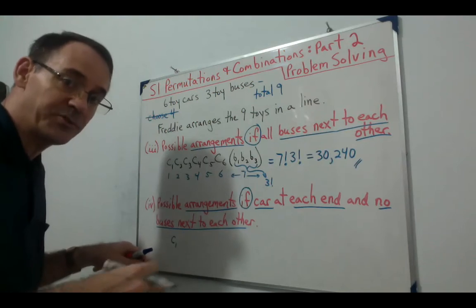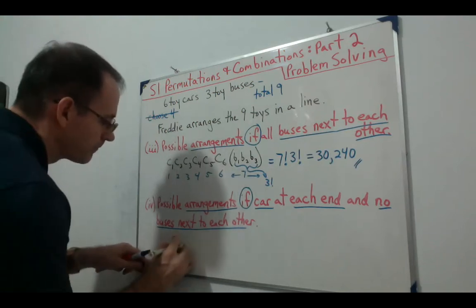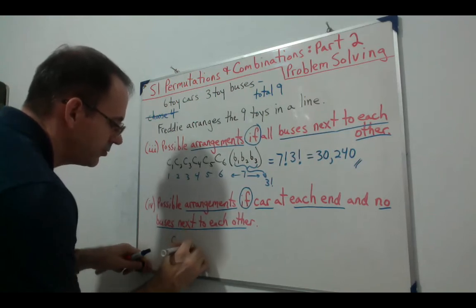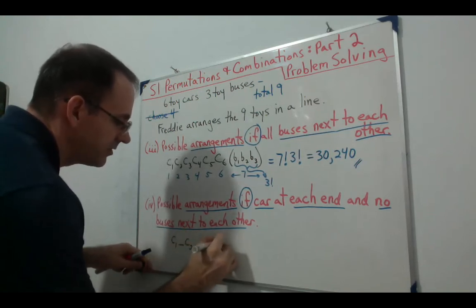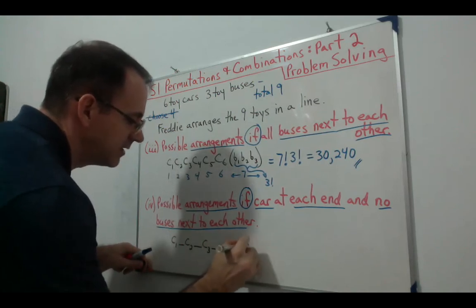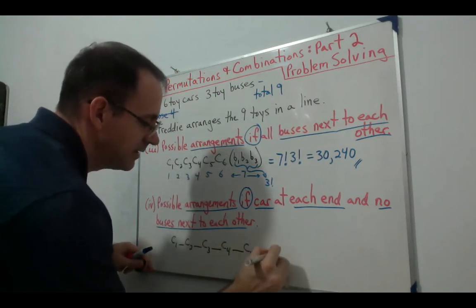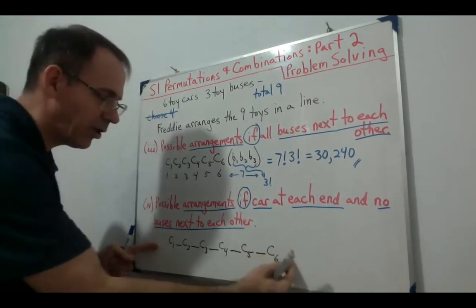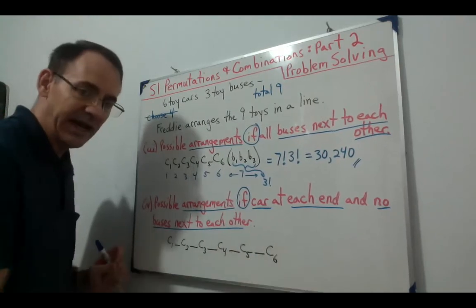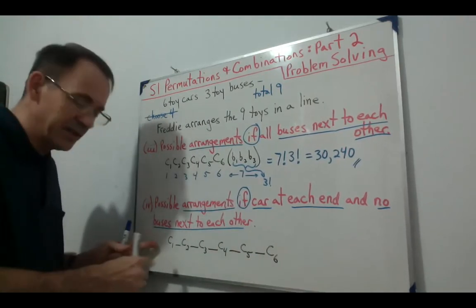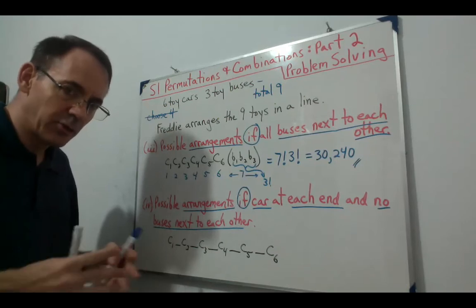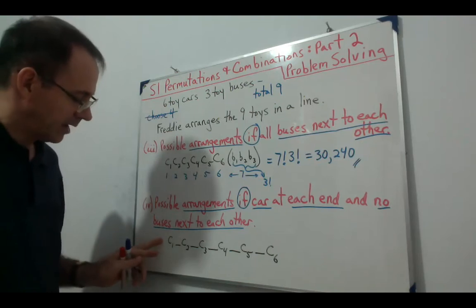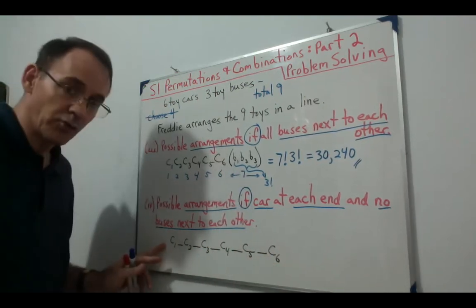So we need to use spaces here. Spaces: car 1, car 2, space, car 3, space, car 4, space, car 5, space, and car 6. Now, normally with spaces, we also put spaces on the outside because as long as the buses aren't together, there could have been a bus over here as well.